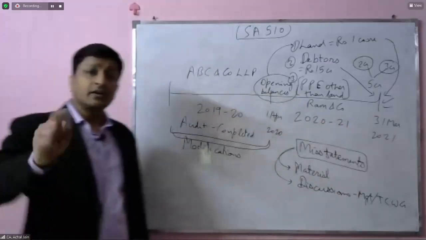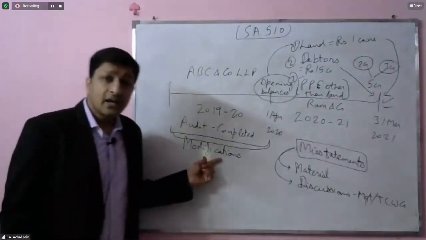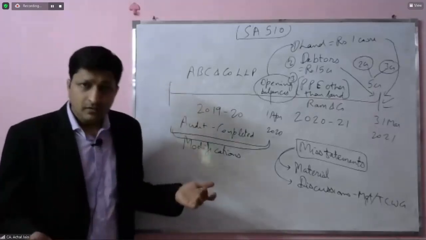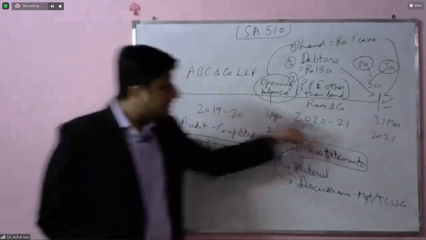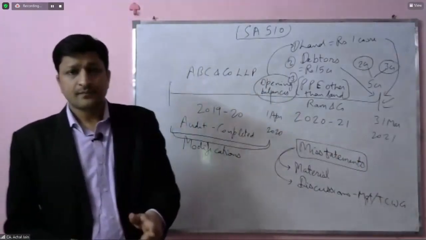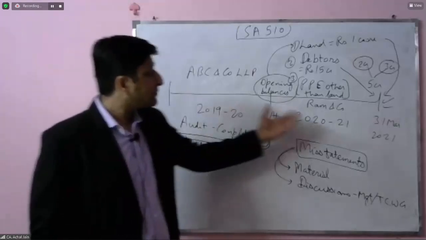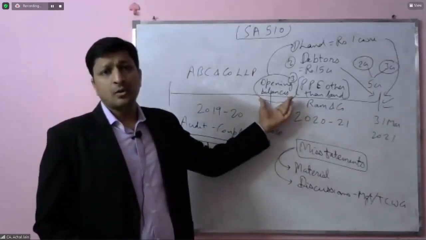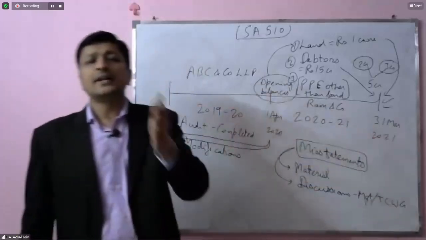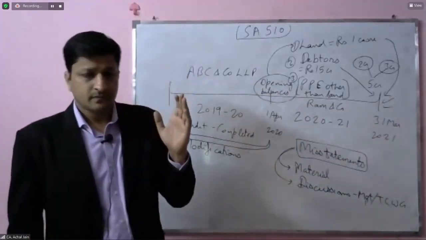And if the new auditor believes that last year's report should have been modified, but which was not done, then in the current year, he will have to consider the implications of those misstatements which could be there in the opening balances, on the closing balances, and on the current year's financial statements.